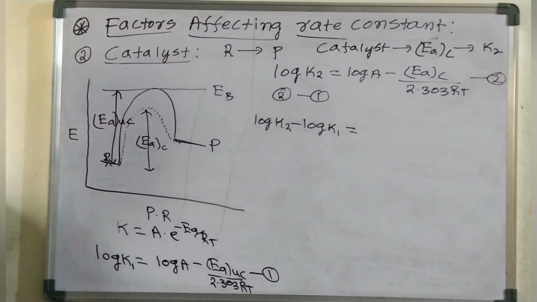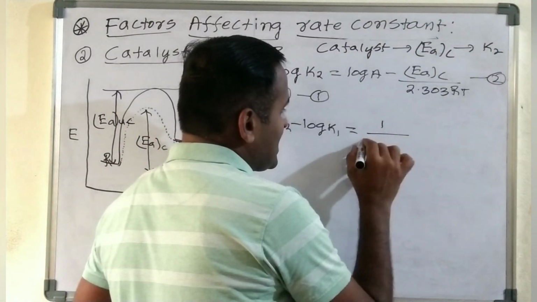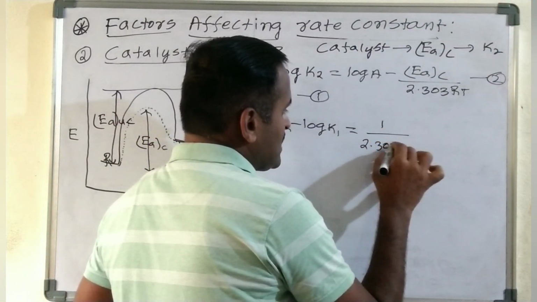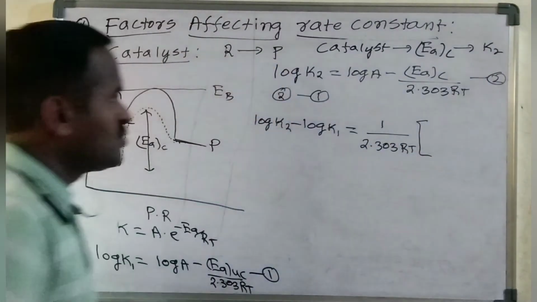In both cases, 1 by 2.303 RT is common, so I am taking it common in both. So this is 2 minus 1.